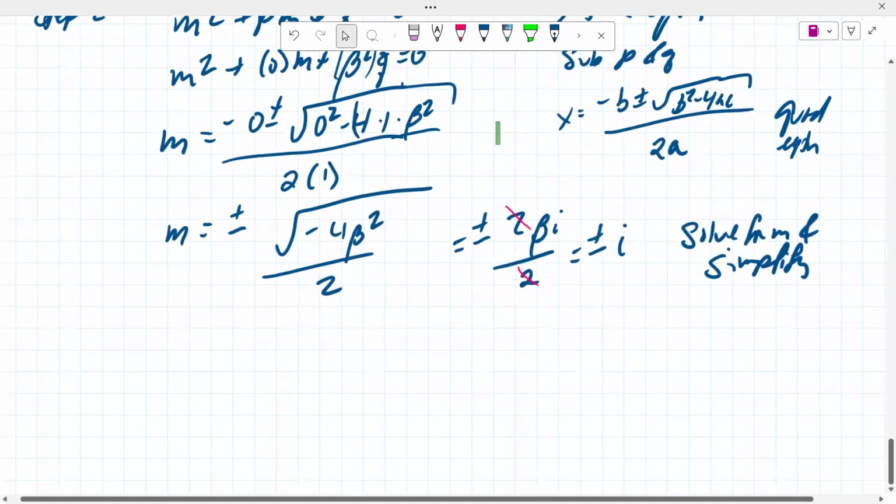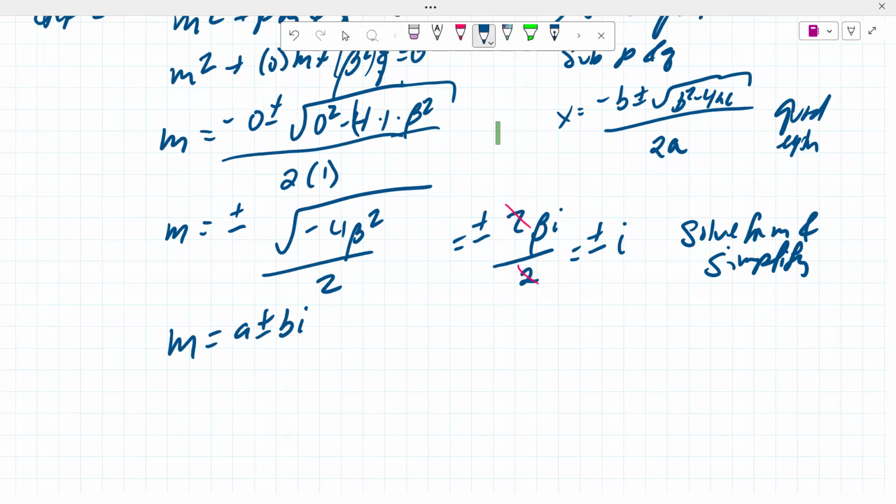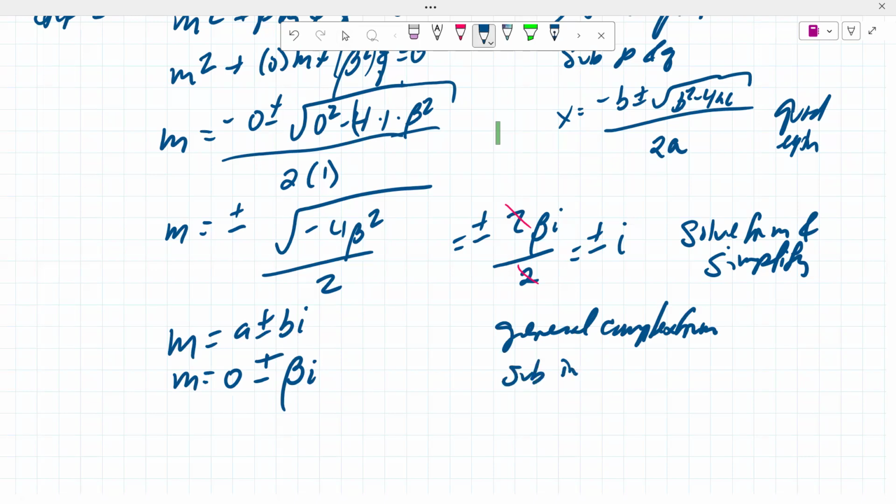So now the next thing we need to do is deduce the values of A and B. So M equals A plus or minus Bi. This is the general complex form. M equals 0 plus or minus beta i. This is just substituting in our actual values.